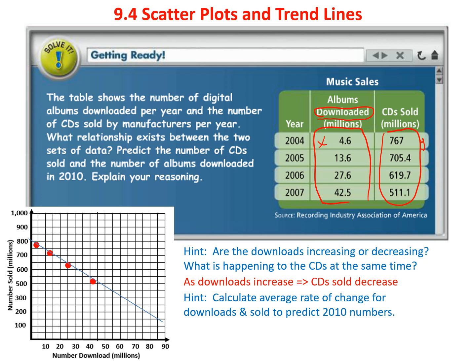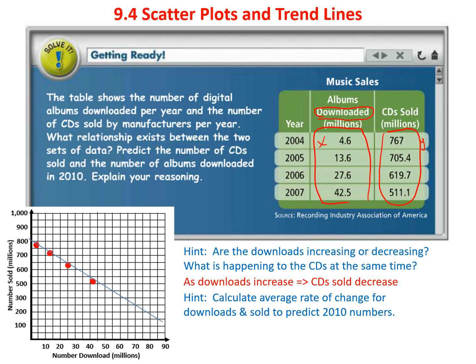And notice if I draw a line through it just to estimate it, as the number of downloads increases, the number of CDs sold decreases, which probably indicates that as people begin more and more to simply download their music, they're not going ahead and buying the CD. So it makes sense.